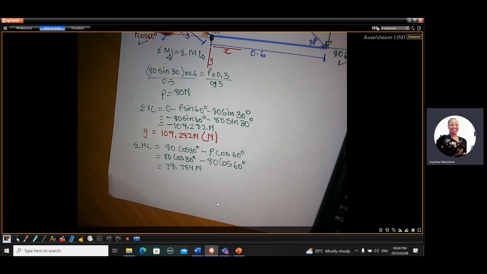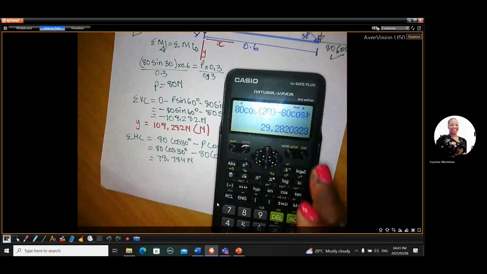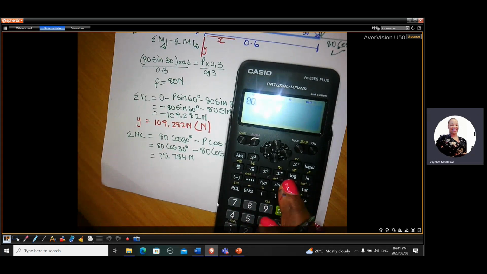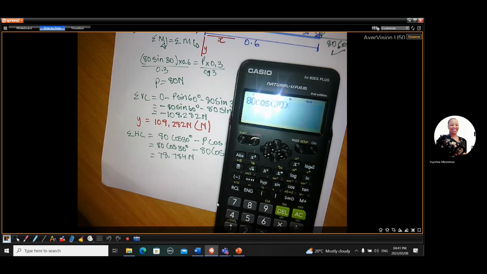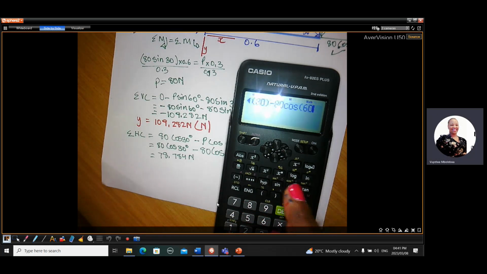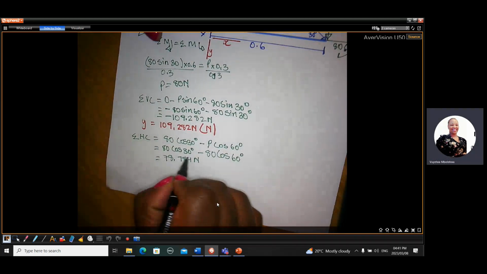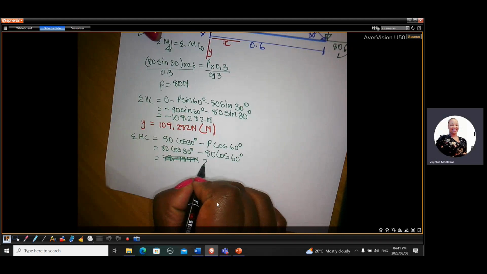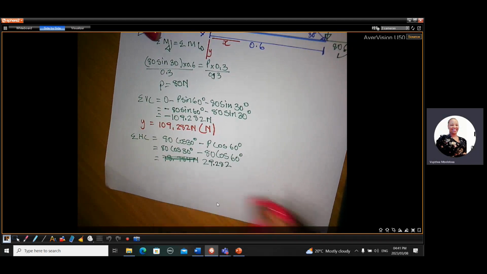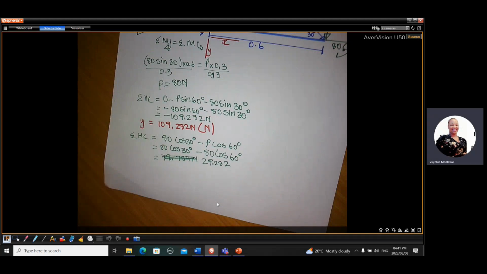Double check. 80 cos 30 minus 80 cos 60. It's a positive 29.282.